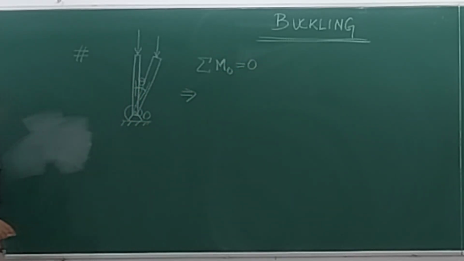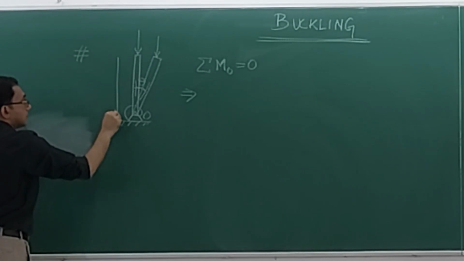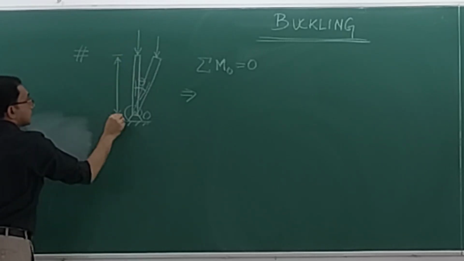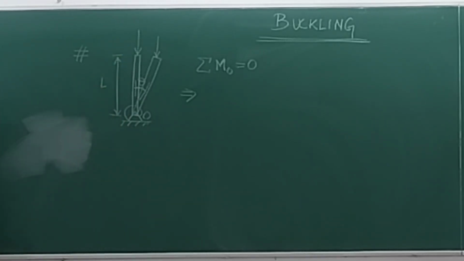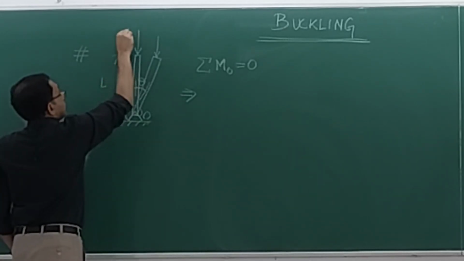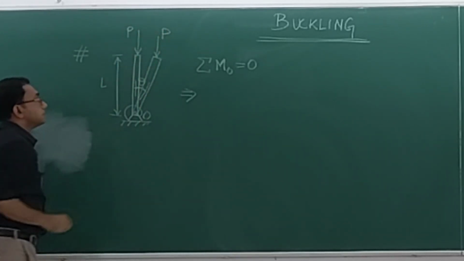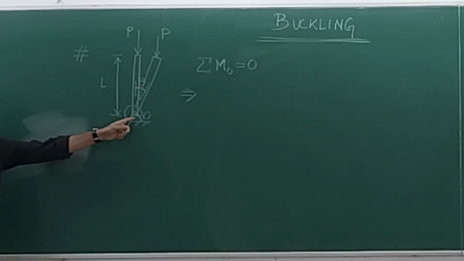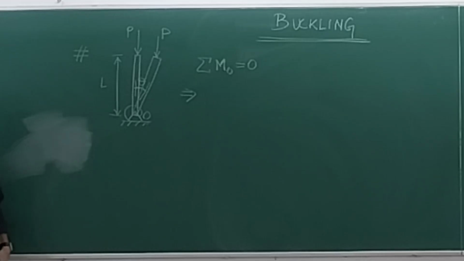What will this give rise to? Let's say that this length is L. Then what is the moment arm for this force P for the moment balance about this O? What is that?